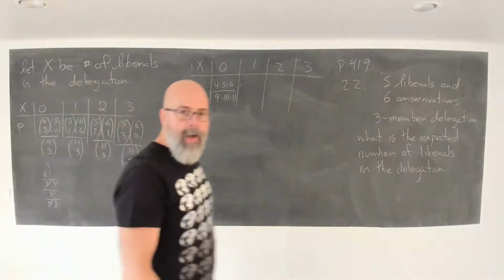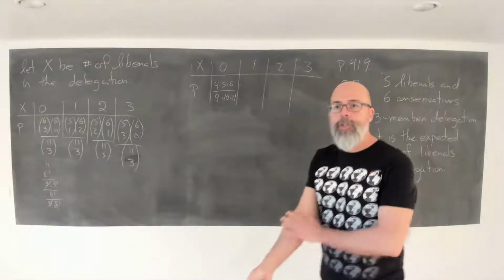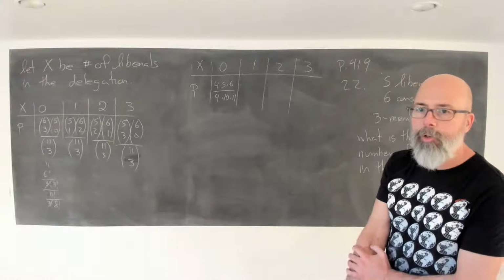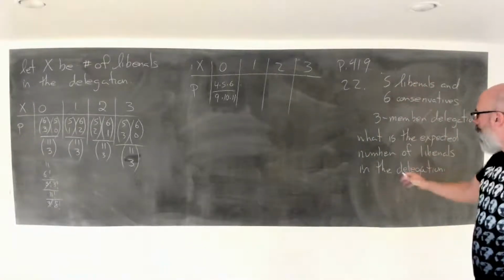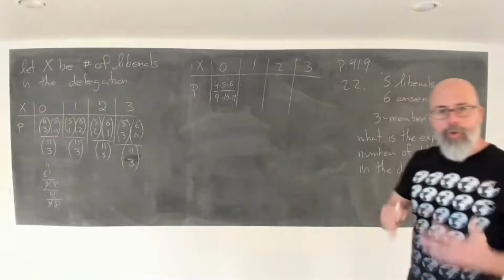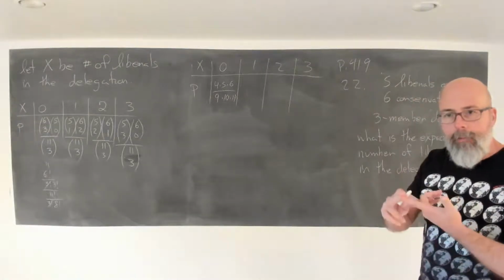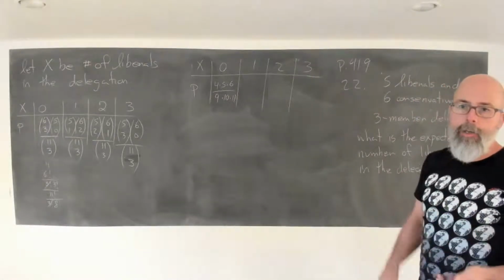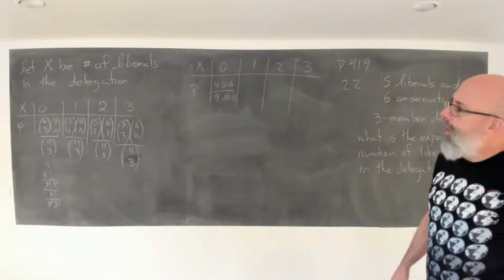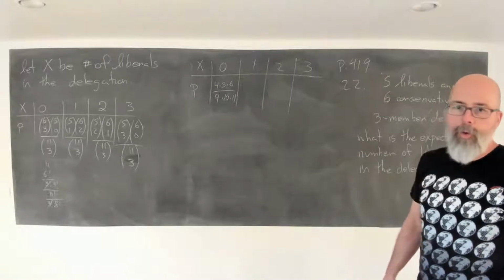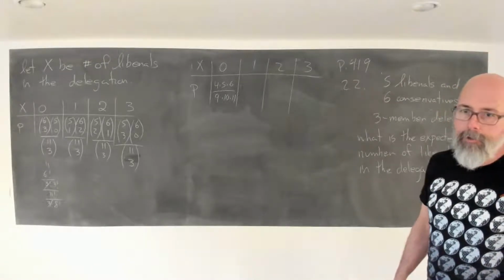If the order did matter here, we would use permutations instead. If this delegation had some sort of status where you had a president, VP, and secretary kind of thing, then absolutely the order would matter and we would use permutations.